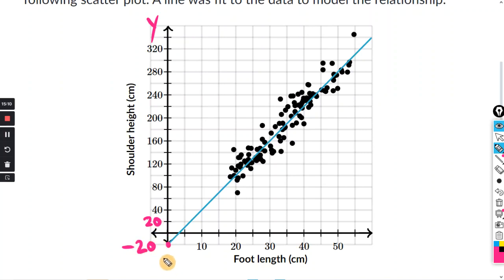So the y-intercept for this one here, that's B, that's going to be negative 20. So in some cases, the line's going to cross the y-axis in the negative region. But everything else is the same.